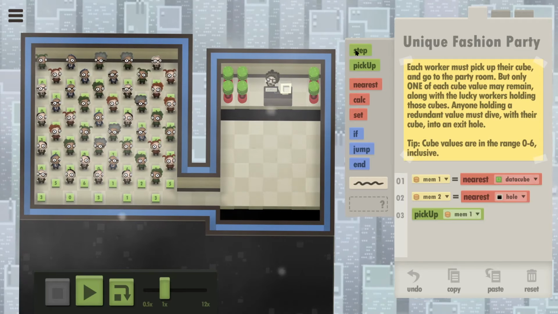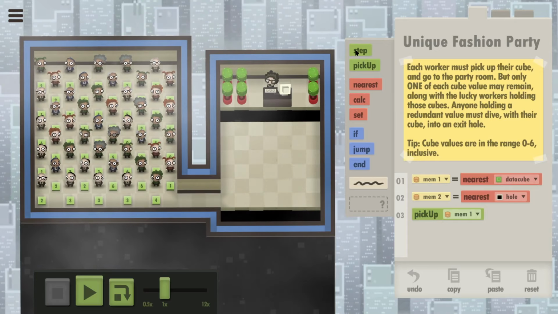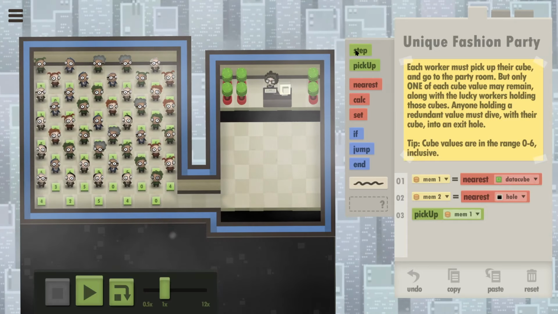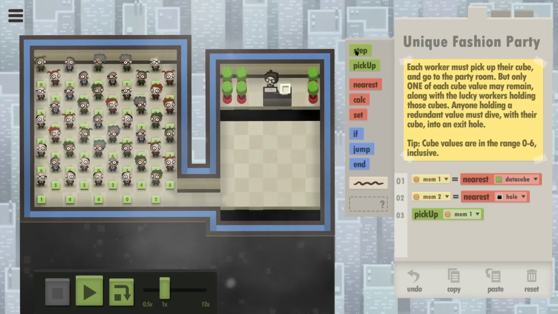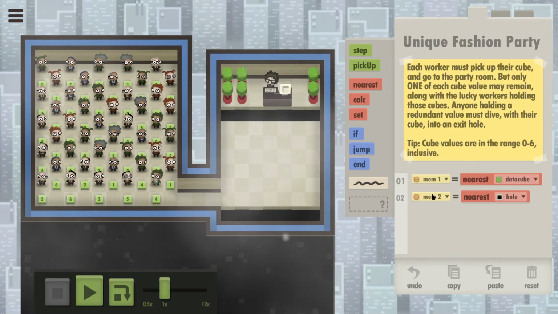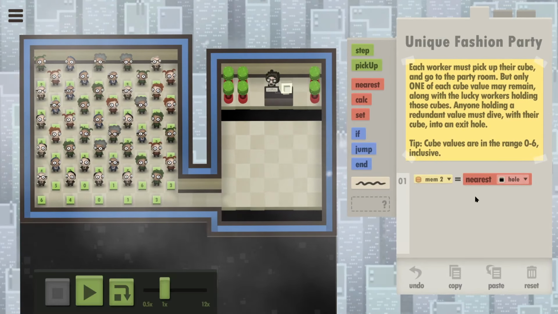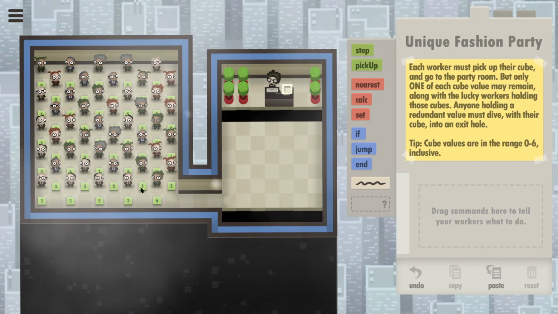I wonder if there's a way that I could get them to check amongst the cubes before anyone picks them up. Let's think about that. Let's just get rid of these for a second. Try and see if I can calculate this.